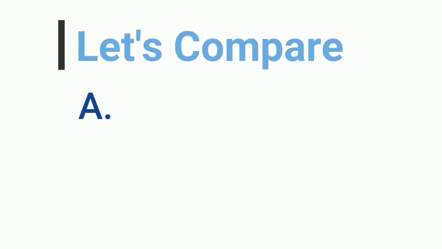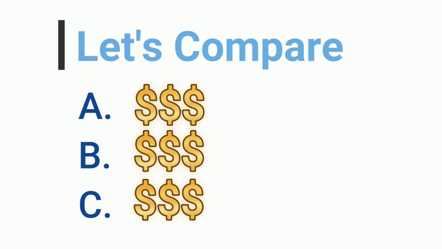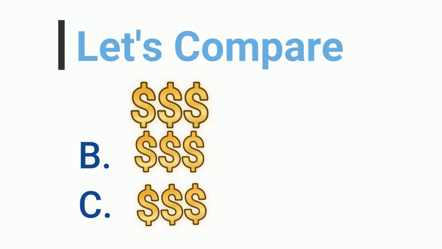Is option A, B, or C more expensive? Now, if they all cost the same value, which one do we choose? We then look at the utility of those three options. Are they giving us more satisfaction, benefit, or other value versus the others?